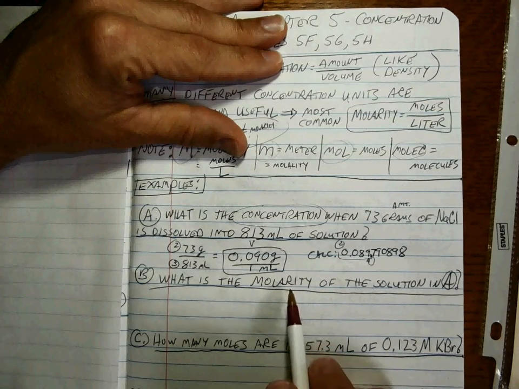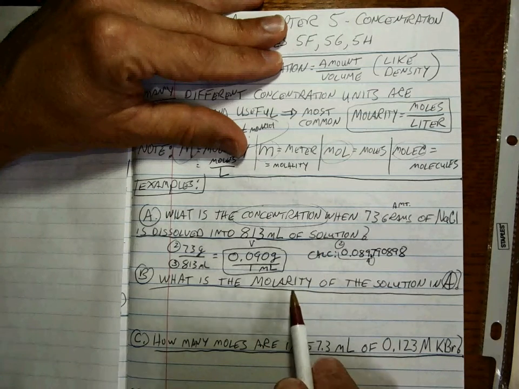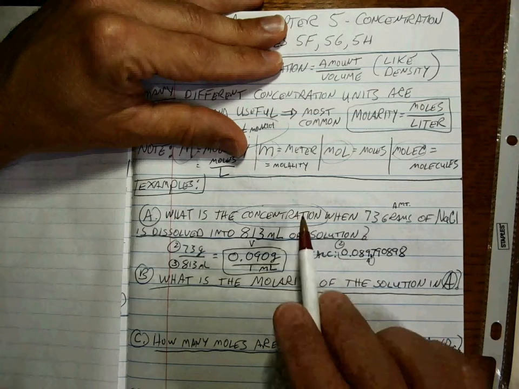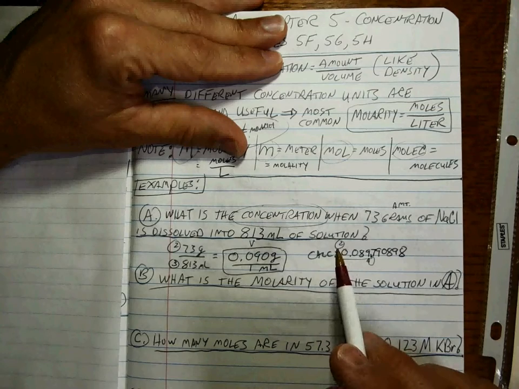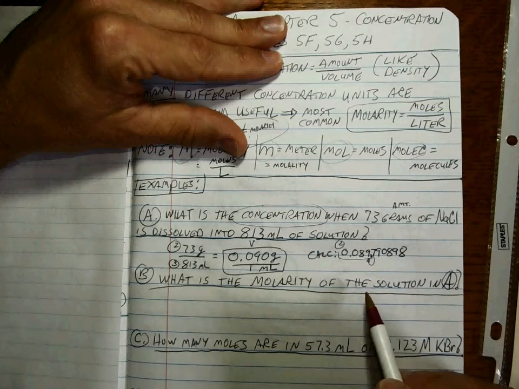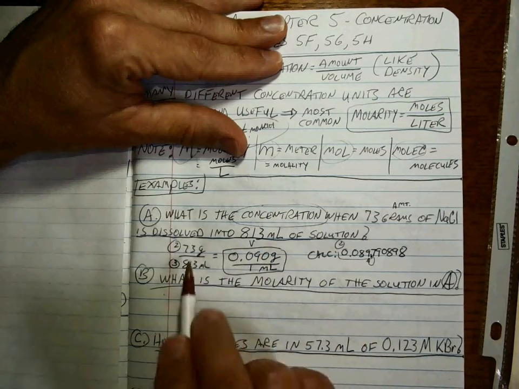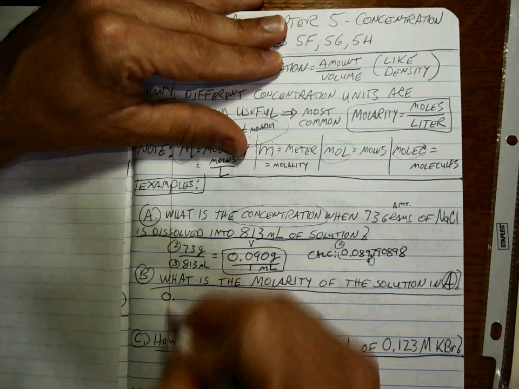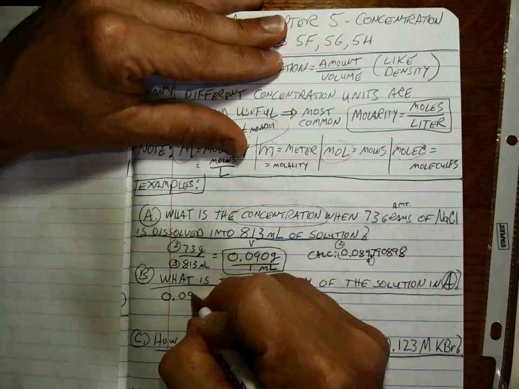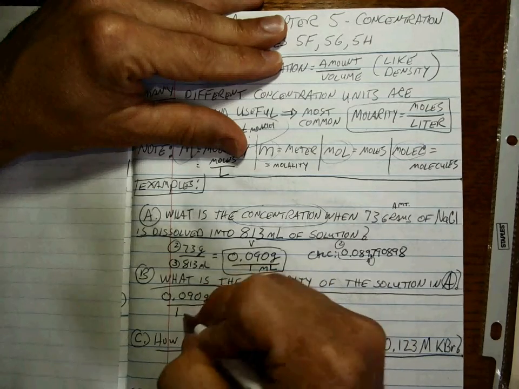They want to know not just generic concentration, but the actual molarity. When they say concentration, you can use any units you want. These are the simplest. Molarity means moles per liter. So you can take that original number, or you could take these two, wouldn't matter. Let's use what we have here. 90 grams per 1 milliliter.